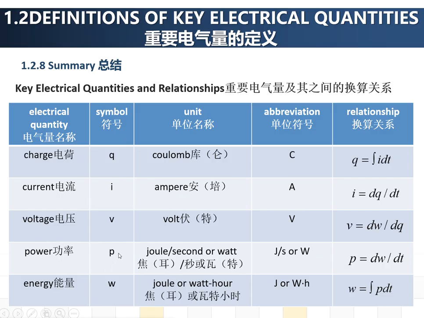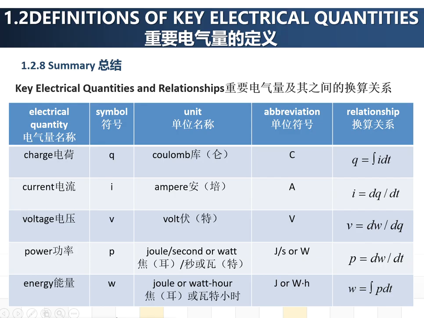Power is represented using symbol P. Power's unit is joule per second or watt. The abbreviation of power is W or joule divided by second. The power is equal to dW divided by dt.